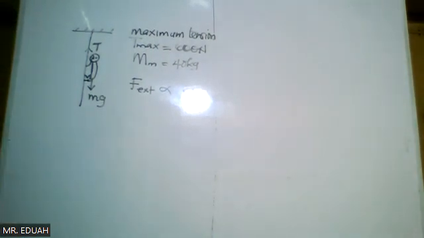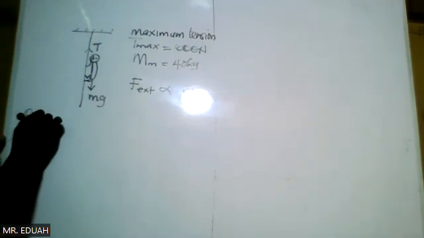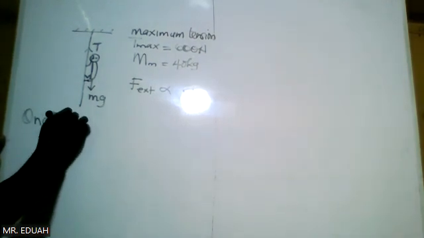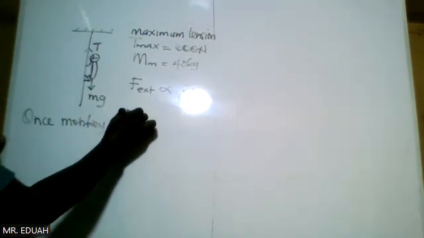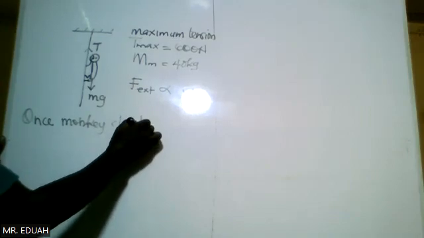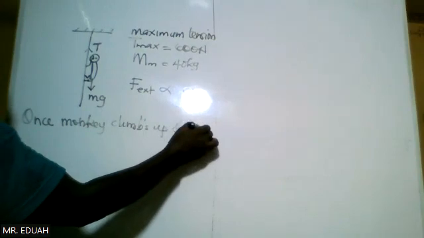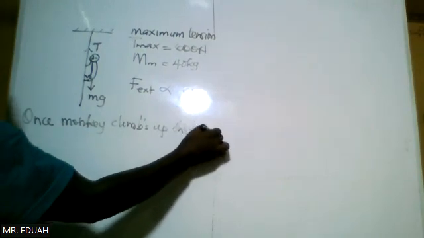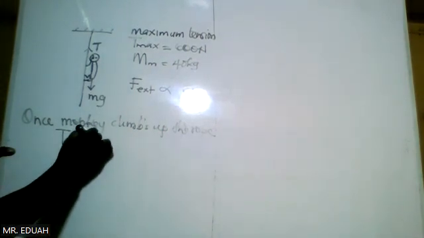Once the monkey climbs up the rope, the tension in the string must be greater than the weight for the monkey to be able to climb. So T must be greater than W.